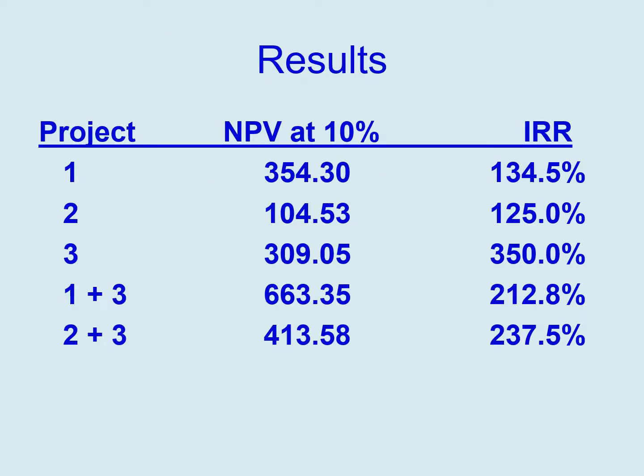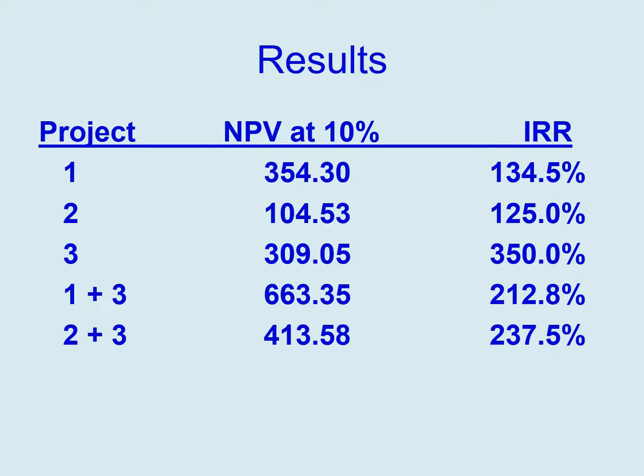Okay, so if you look and see, projects 1 and 3 have an NPV of $663 and an IRR of 212, almost 213%. Project 2 and 3 has an NPV of $413 and an IRR of 237%.